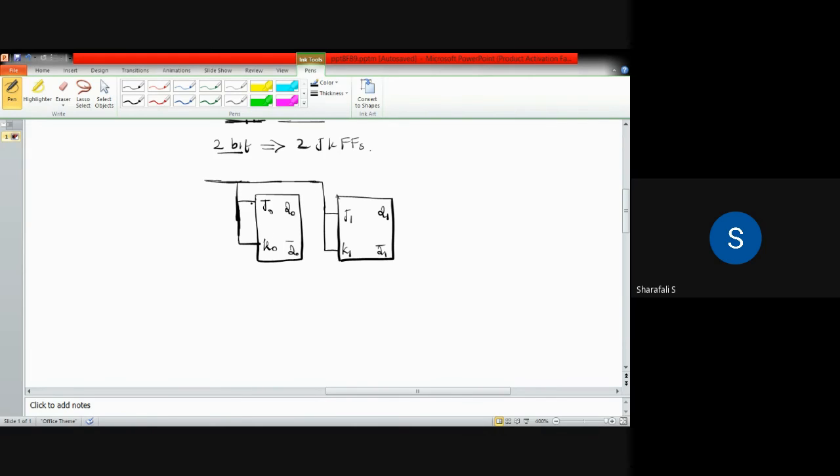The first flip-flop has the clock connected here like this. Sorry, this is not required.